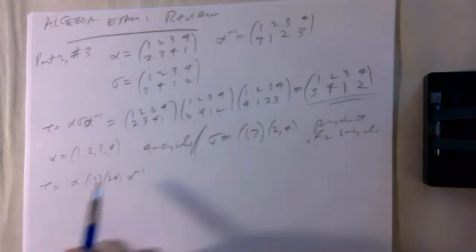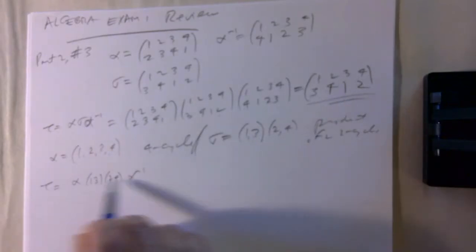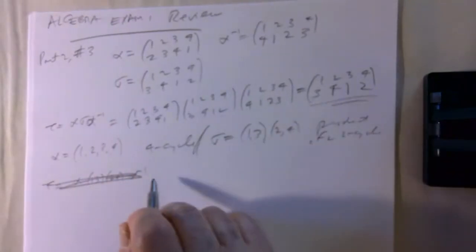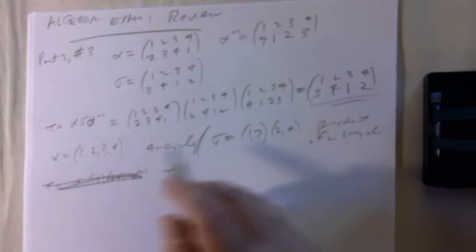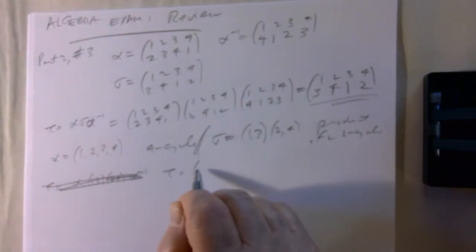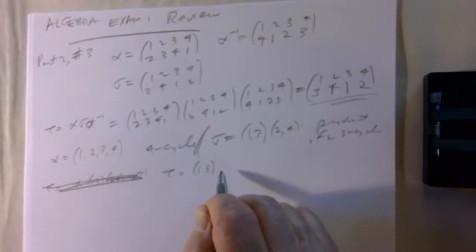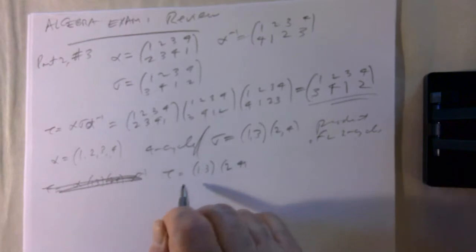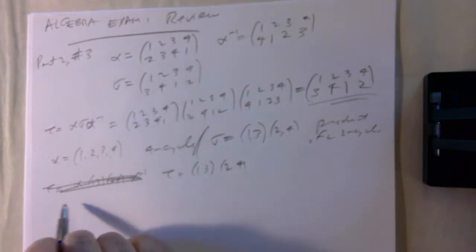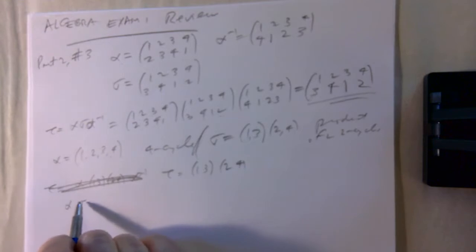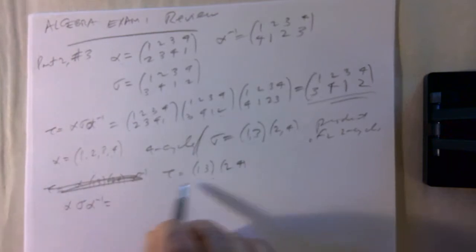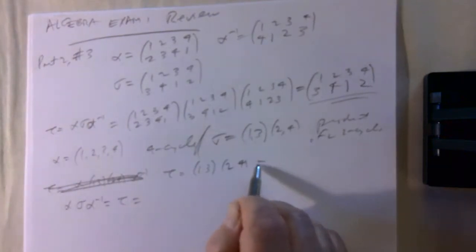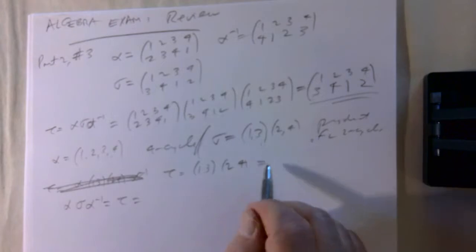So this is correct, but maybe all I wanted to do was to write tau also as a product of transpositions. 1 goes to 3, goes back to 1. 2 goes to 4, goes back to 2. So it turns out in this case that alpha sigma alpha inverse, which is tau, but 1, 3, 2, 4, that's just sigma.